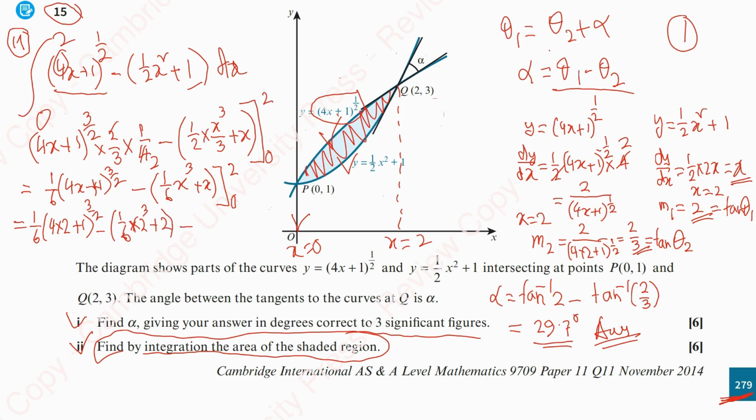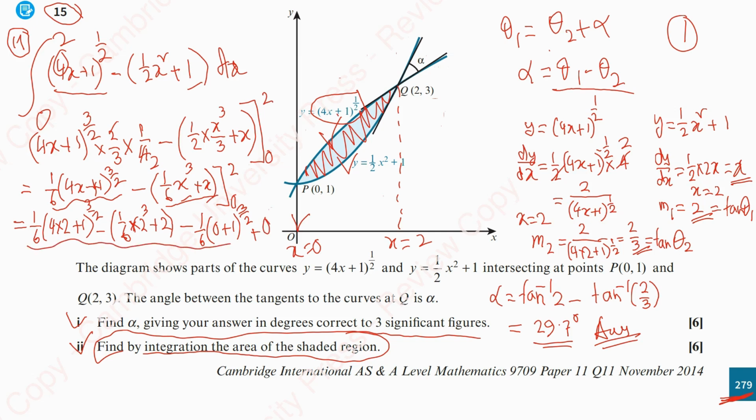Then we subtract the inner thing, putting in 0. If we put in 0, the first gives us 1 by 6 into (0 plus 1) to the power 3 by 2, and the other two values are 0, so plus 0. So this is our simplification part.